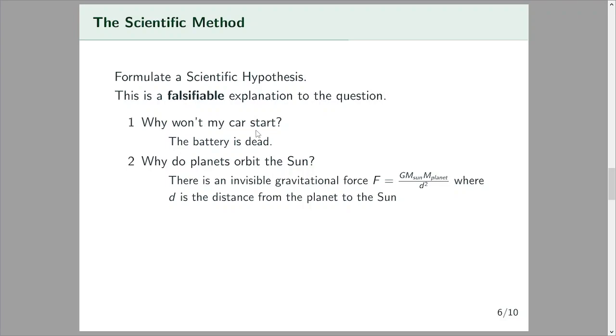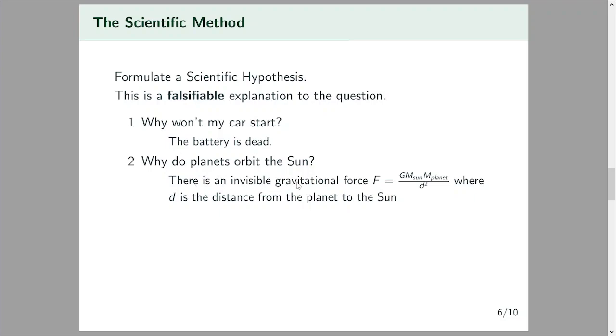One scientific hypothesis for why won't my car start is the battery is dead, right? This is clearly falsifiable. If I say the battery is dead, you could pull it out and put it on a battery tester and see if it's dead or not. Why do planets orbit the sun?